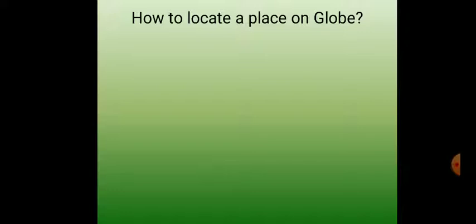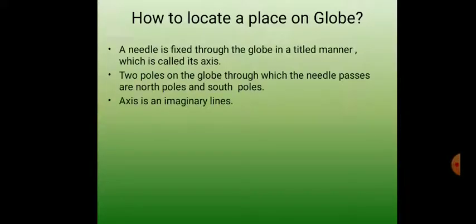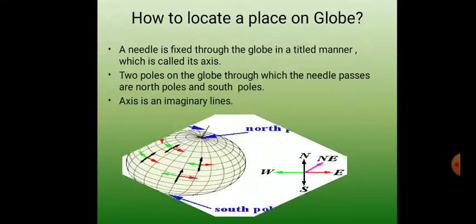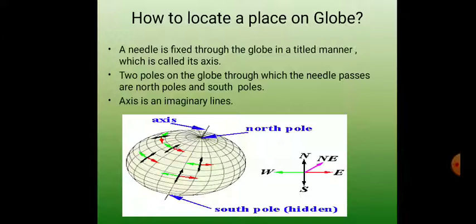Now, how to locate a place on the globe? A big needle is fixed through the globe. You can see in the picture a big needle fixed through the globe, and the imaginary axis is the line on which the earth rotates.